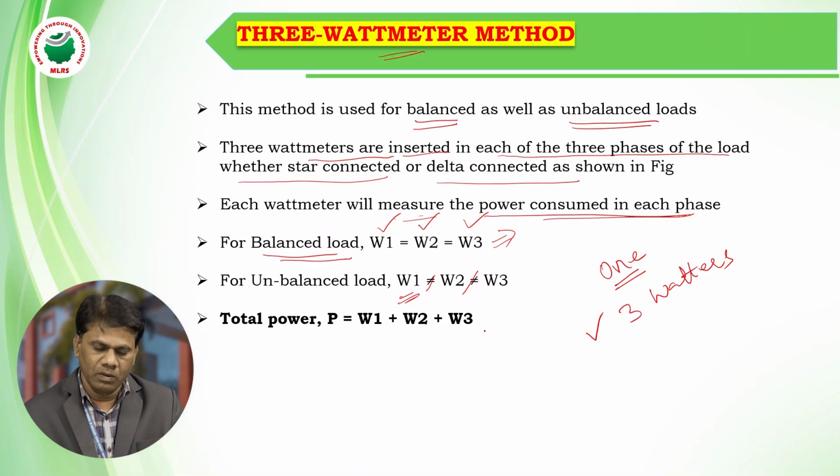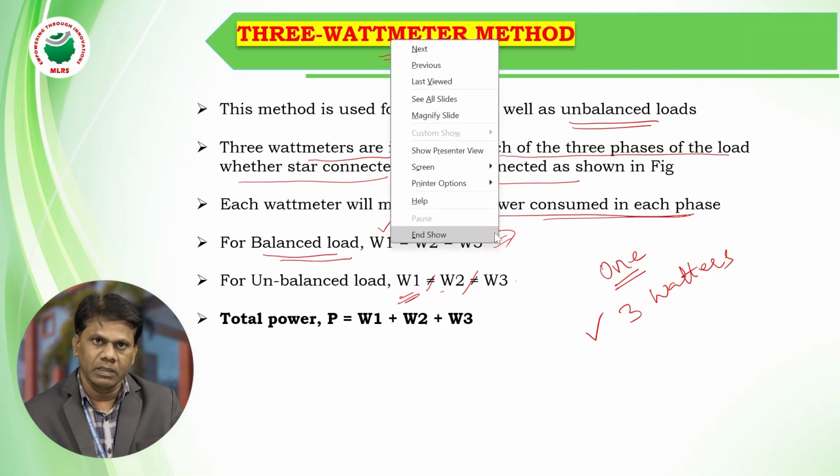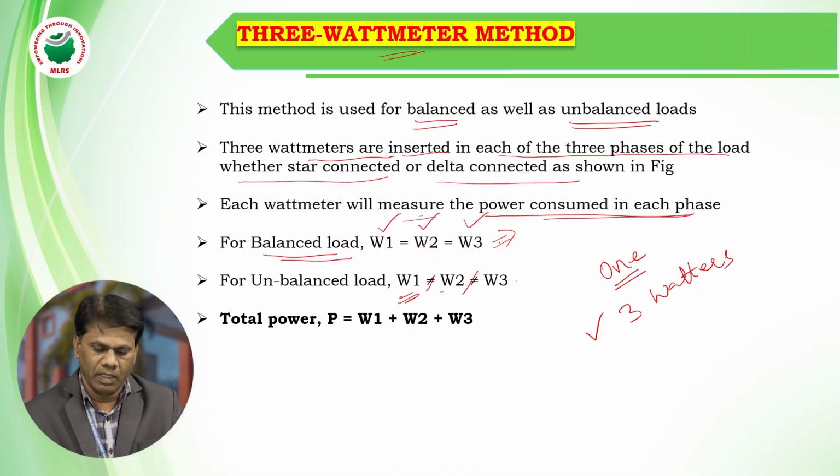The total power is given by adding all three wattmeter readings W1, W2 and W3.